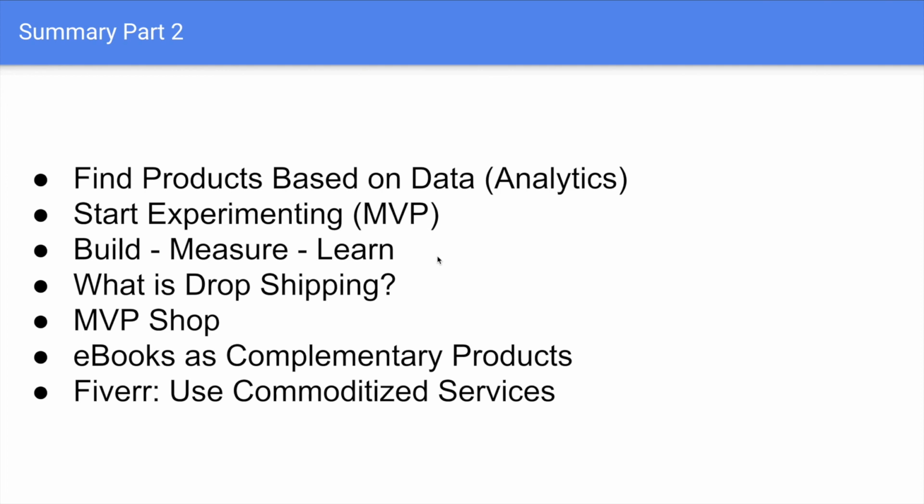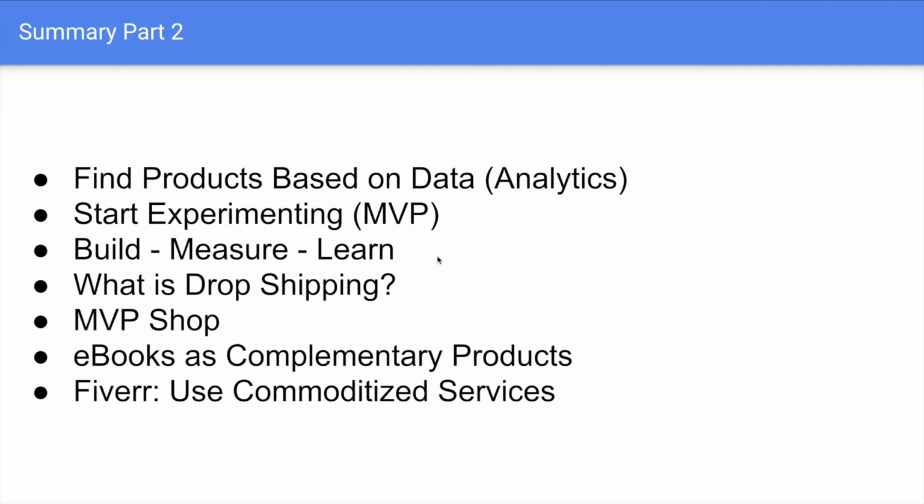Then, as an incarnation of the minimum viable service, if you want, we had a look at dropshipping and what it is, how it works. Also, I showed you my way of the minimum viable shop, reduced to just a buy button from PayPal that I included into my WordPress page.